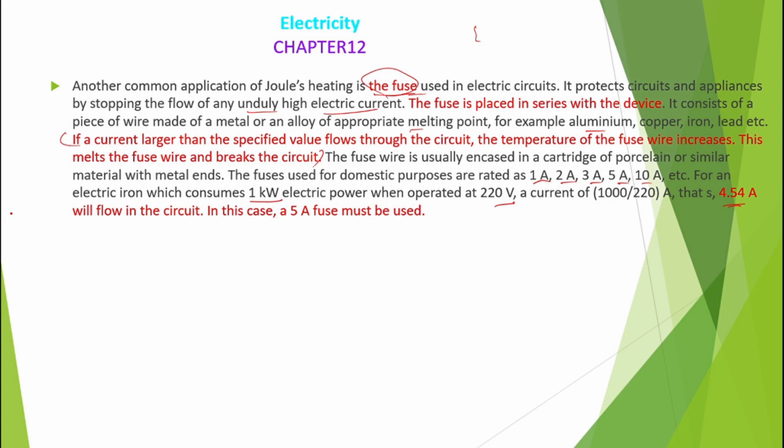So if we need 4.54 amps, we have to use a fuse greater than 5 amps. That is our condition, our requirement.